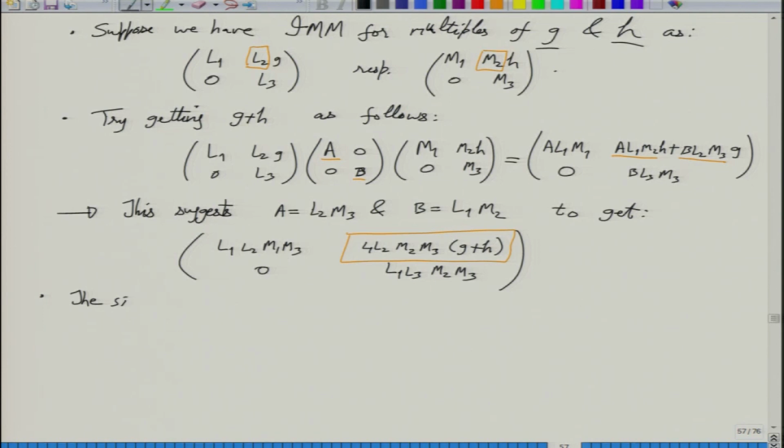So the size of the IMM has increased. Is it linear? Sorry? T(S) is 2T(S/2) plus order 1, something like that. No, the exact expression we will see. What is your general question? You still have to add k times, right? No, these recursive steps will only be log k many times.